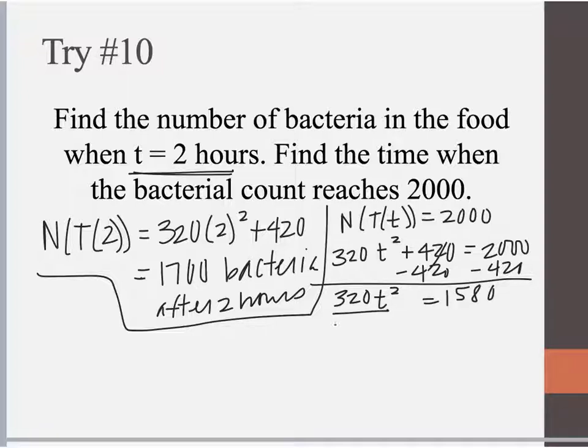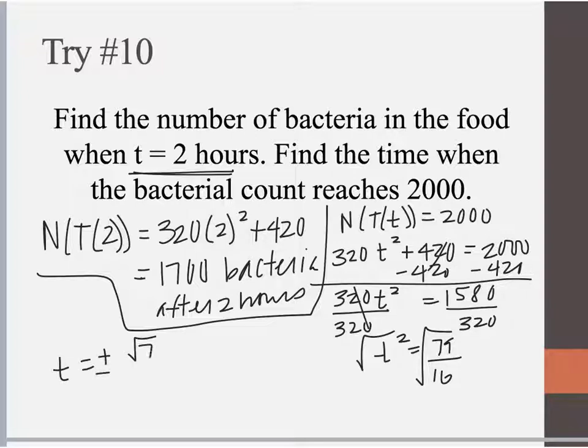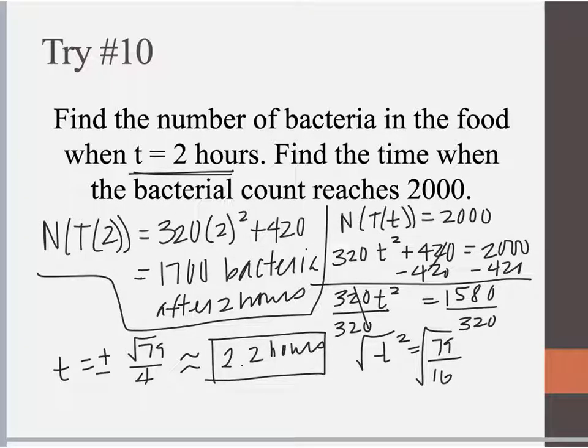If I divide by 320 on both sides, I'm left with t squared equal to, if I reduce that, 79 over 16, and then take the square root, and I get t equal to plus or minus the square root of 79 over 4, which is roughly 2.2 hours. And to be honest, guys, technically we don't have a plus or minus. We only have a plus because time can only be represented in positive numbers.